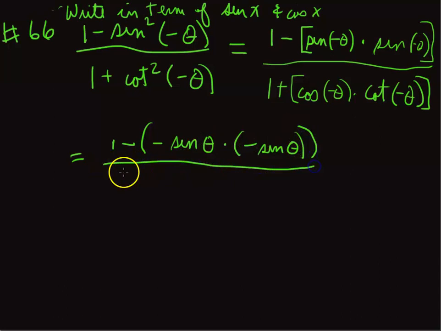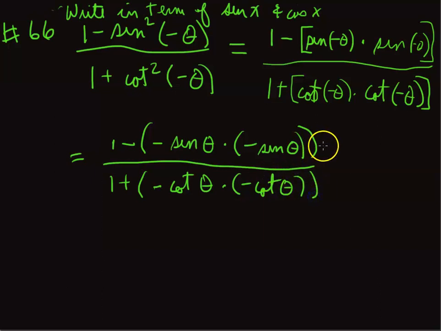over 1 plus, now this is cotangent, not cosine, cotangent. The cotangent is also odd, so it's negative cotangent theta times a negative cotangent theta. All these parentheses just help me keep this straight.